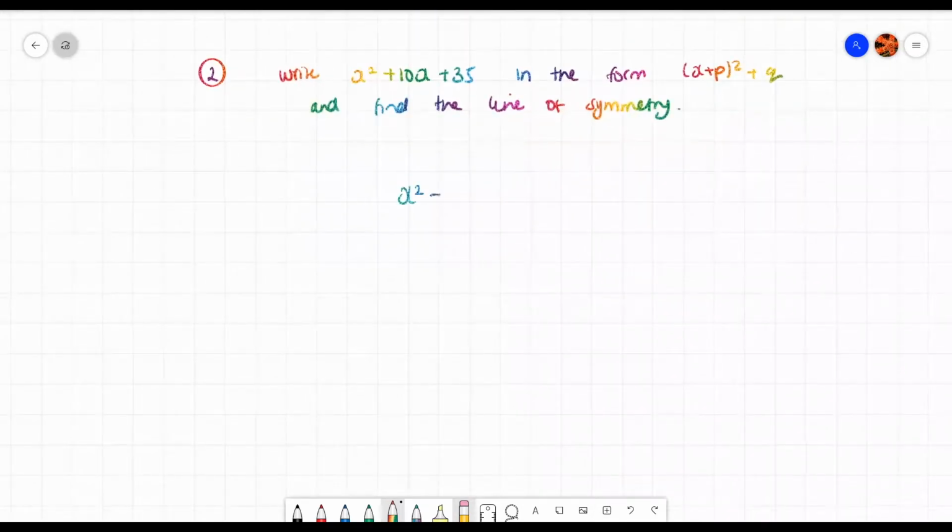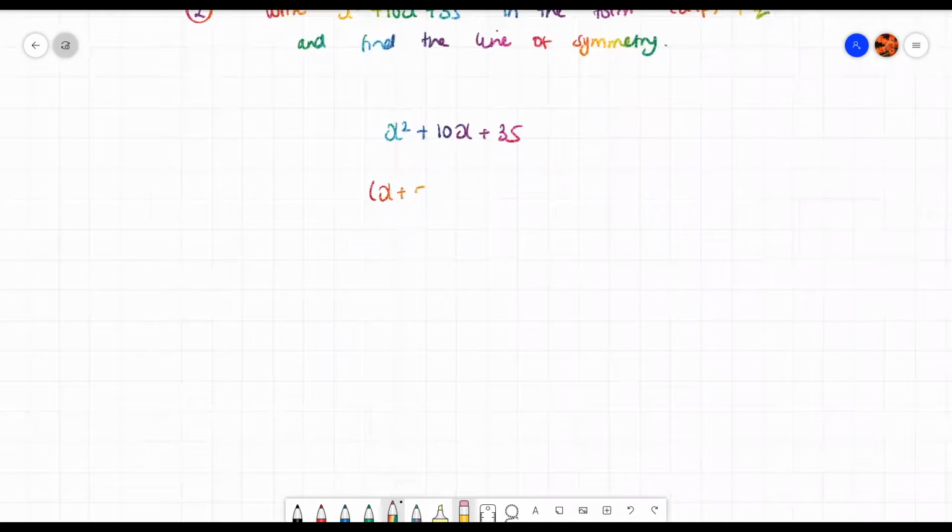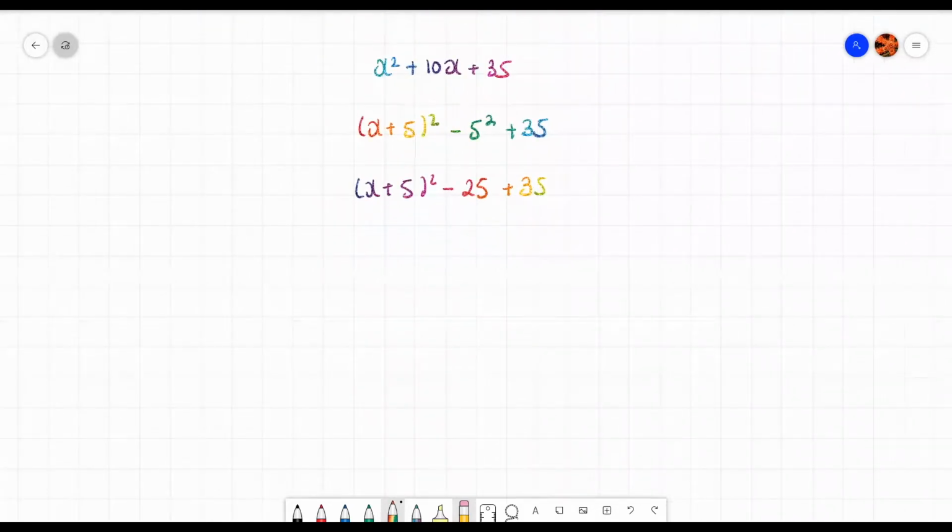We've got x squared plus 10x plus 35. Half the middle one, so x plus 5 squared. Subtract 5 squared, bring the number back down. Sort this out, x plus 5 squared minus 25 plus 35. Then I've got to add the last bit up, x plus 5 all squared. Well, what's minus 25 add 35? Positive 10. And symmetry, remember, it's the number in the bracket with the opposite of it. x equals minus 5. That means that x equals minus 5 going down would be your line of symmetry.